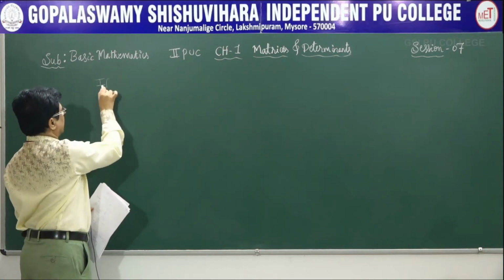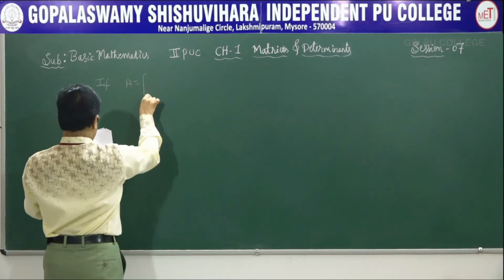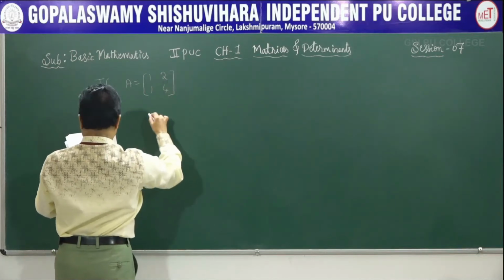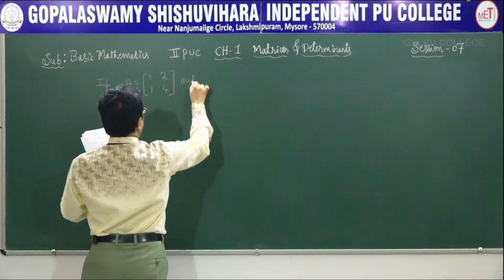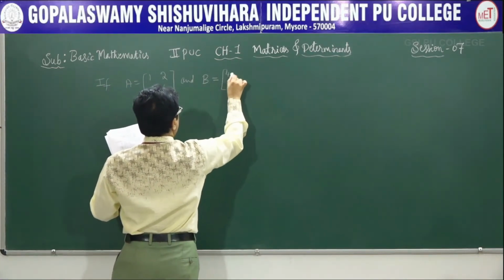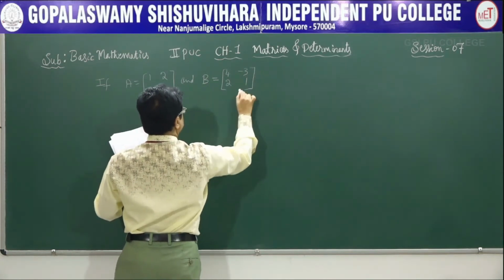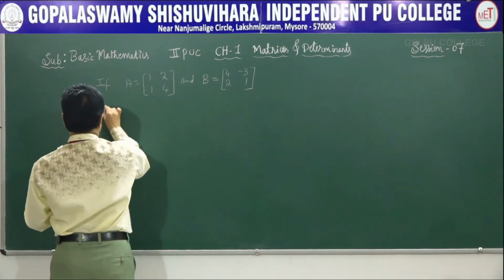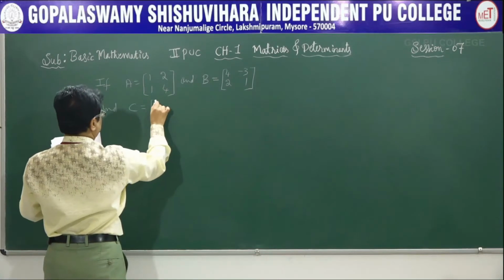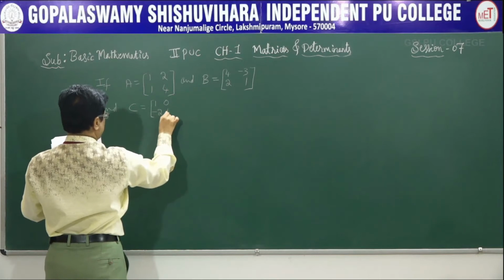Next problem, if A equals 1 2 1 4 and B equals 4 minus 3 2 1 and C equals 1 0 minus 2 4.